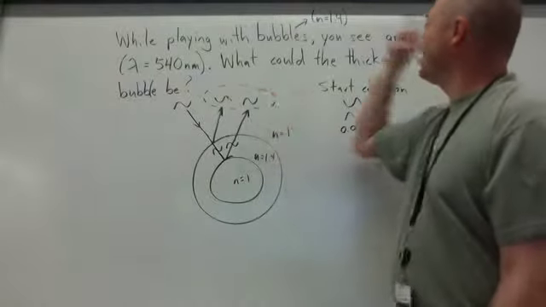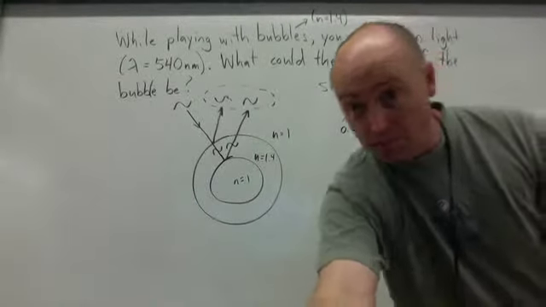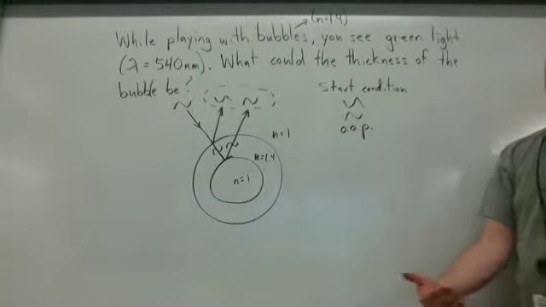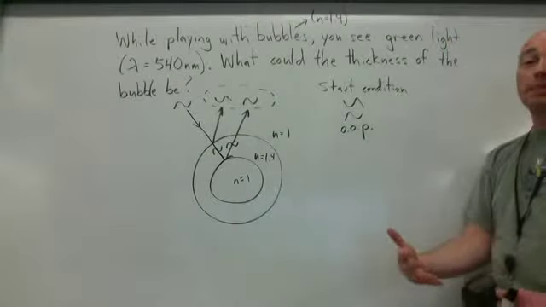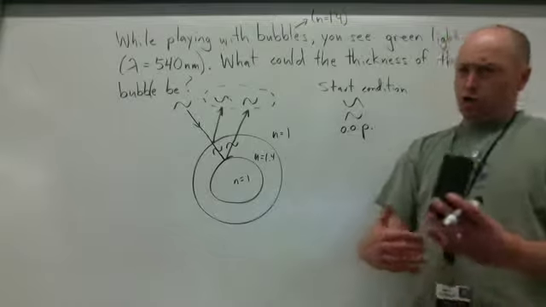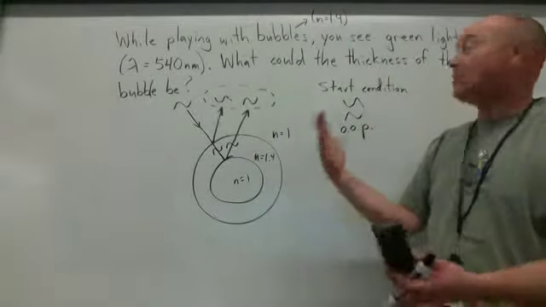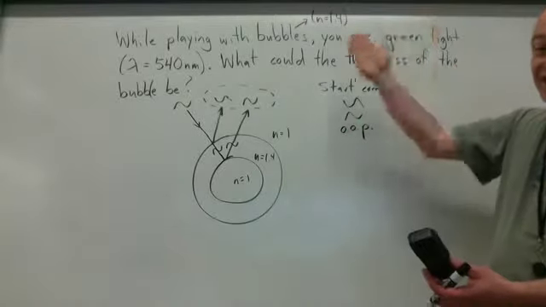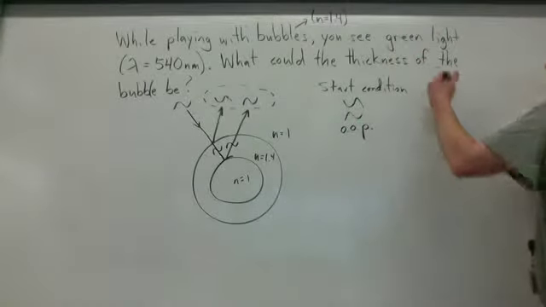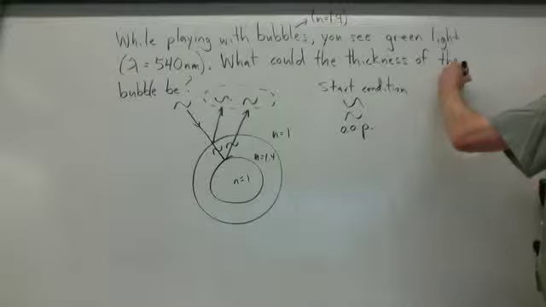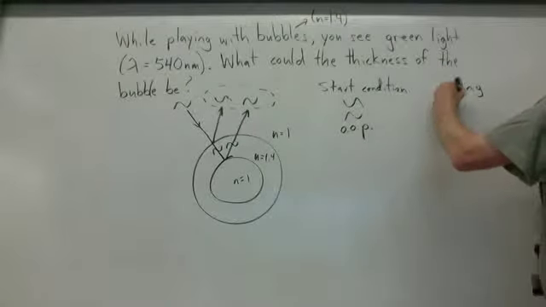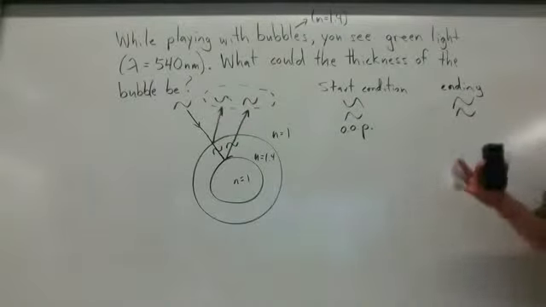Then, if I can see green light, and this problem says you can see green light, the ending condition depends on the problem. If it says it cancels out blue light, then the ending condition would be out of phase. But in this case, it says you can see green light, which means the ending condition is going to be in phase for green light, because I can see it.